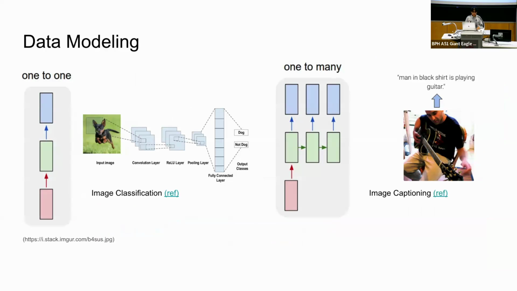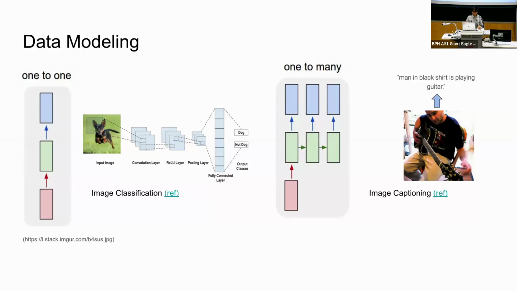Starting off with data modeling, the types of data you'd see are one-to-one, where you have one input and you're predicting one label for that input. For example, in image classification, you give it one image, it goes through the network, and it gives you one label.